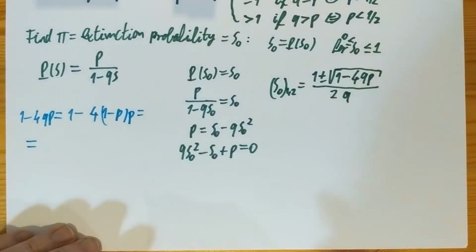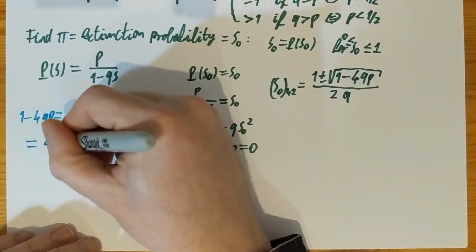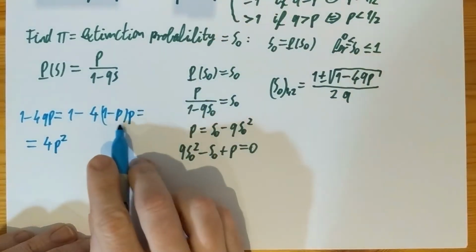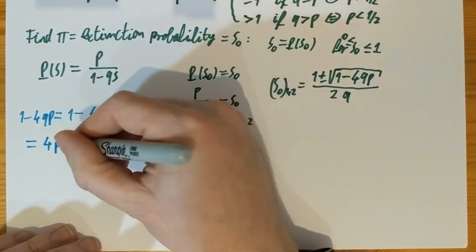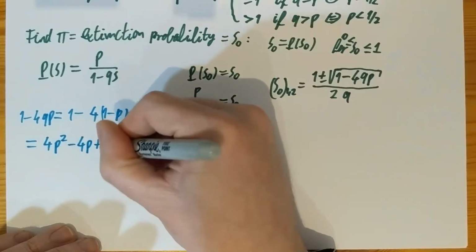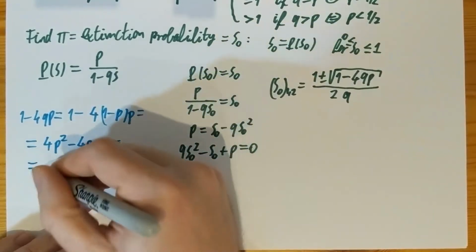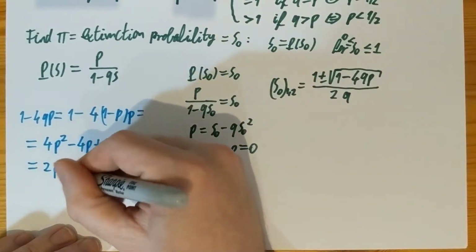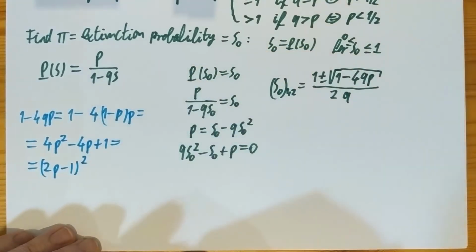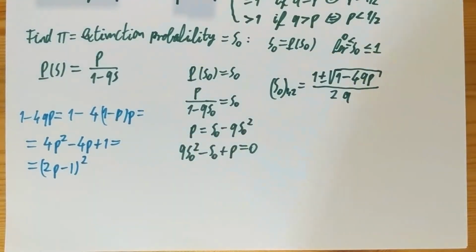So what is that giving me? It gives me a 4p squared from the p squared, it gives me a minus 4p and the plus 1, and the good surprise here is that this is actually a full square. It's the full square of 2p minus 1.